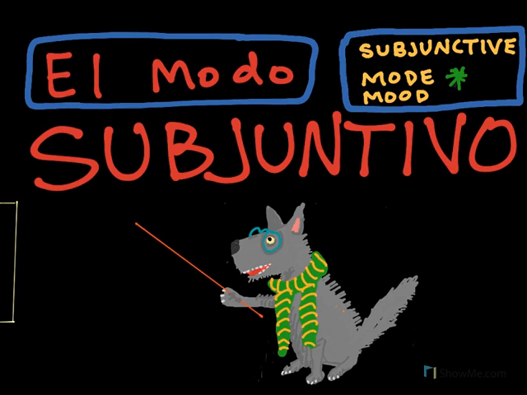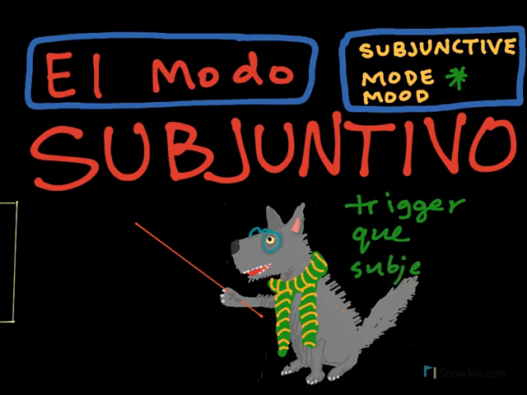You need a trigger, and the trigger could be a word that brings the subjunctive. You need que, and you need two sides of the sentence with two different subjects, right?